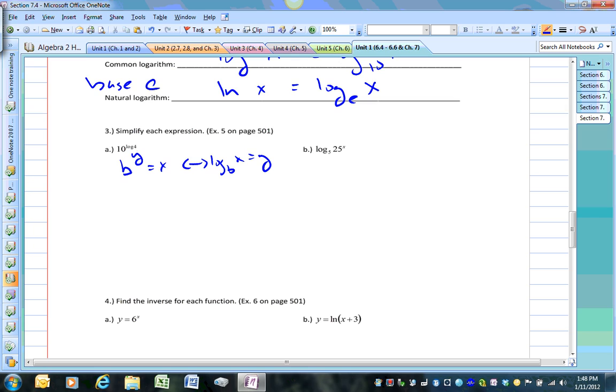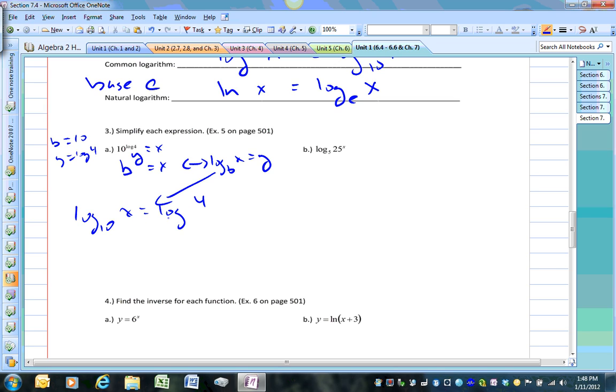So our b is 10, our y is log 4. So if I shift things around, remember my base is 10, I don't know what x is, so I'm going to set this equal to x, because this is in the exponential form right now. Log base 10 of x equals y, which is log 4.